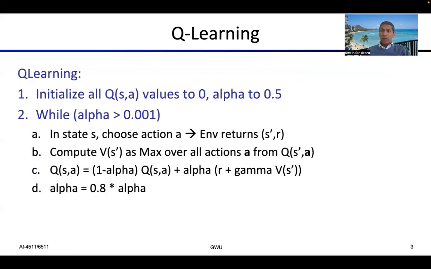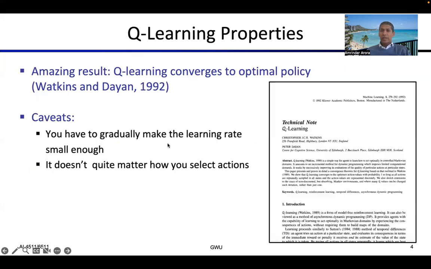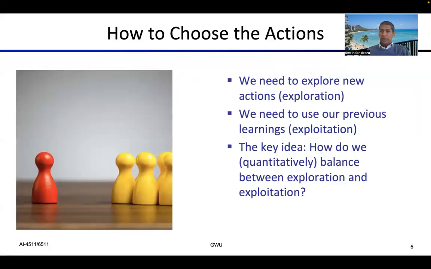So one of the things that we did not cover in this particular algorithm is how we choose action A. That's one of the things we want to cover today. The main idea in this lecture is that we need to explore new actions. At the same time, we need to use our previous learnings. That's called exploitation: exploiting the values that we have already learned about.